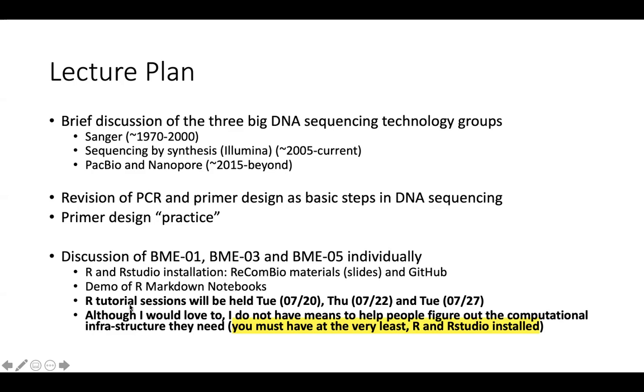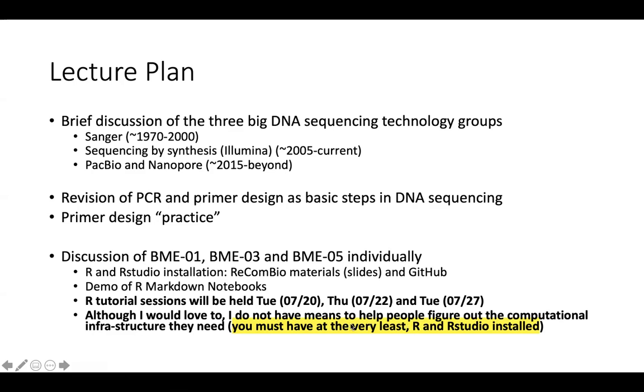The thing that I need to say up front is that although I would love to, I do not have the means to help people that much figure out the computational infrastructure they need on their own computers. So I'll just give you an overview, and then you'll have to do lots of searching and research, and I'll try to help as much as possible.